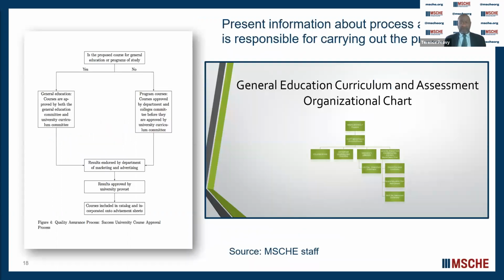Let's take a deeper dive and see what an institution might do to explain its general education course approval process. Here, our hypothetical institution depicts a course approval process so evaluators can understand the process, accompanied by an organizational chart answering who is responsible for implementing the processes related to this.